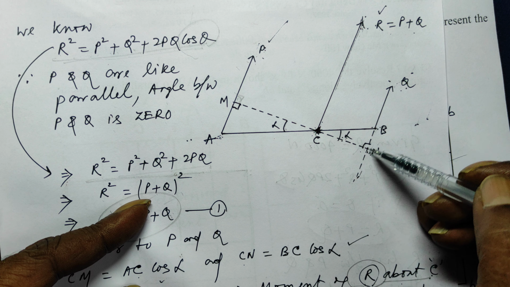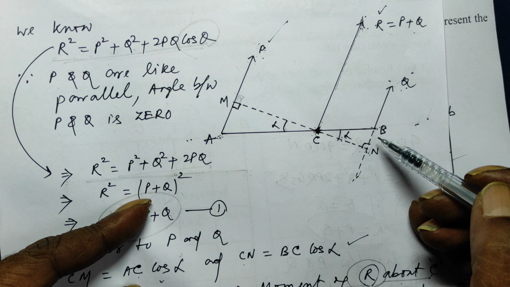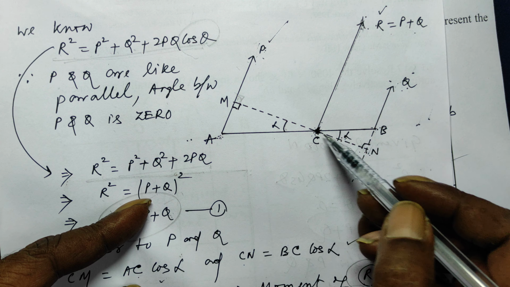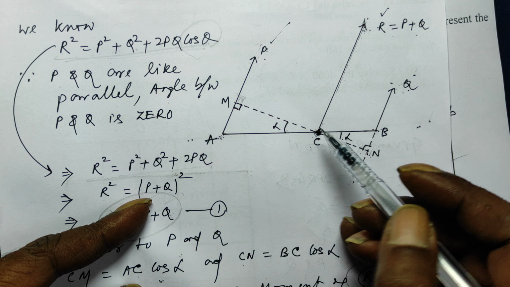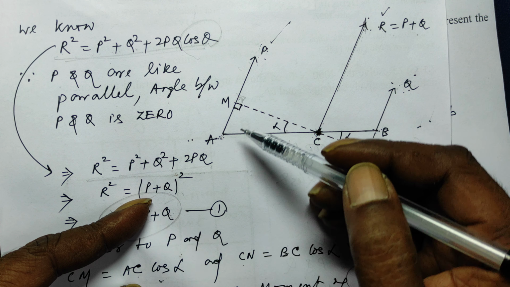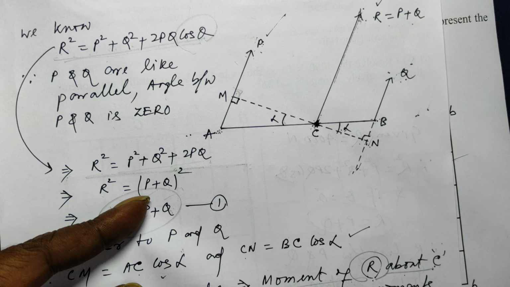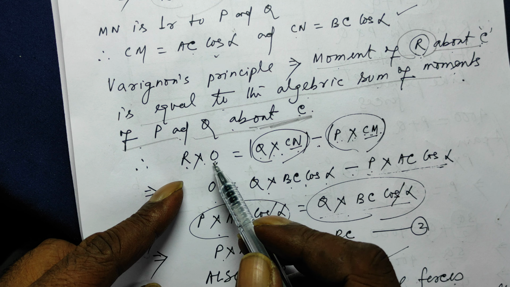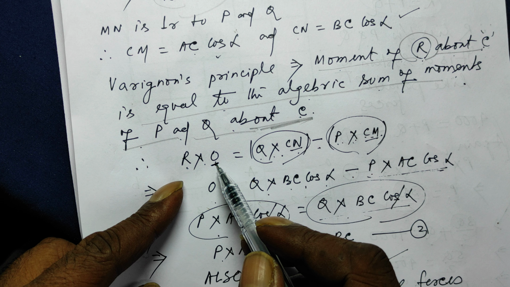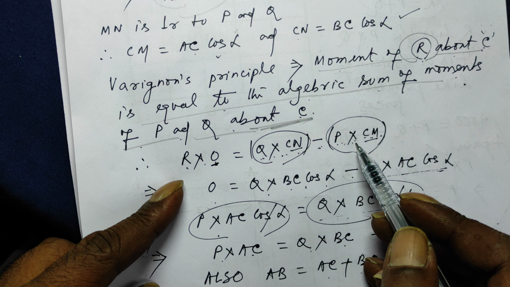Q about point C was producing an anti-clockwise moment equal to Q times CN, and P about this point was producing a clockwise moment equal to P times MC. So I had written R times 0 is equal to Q times CN minus P times CM.